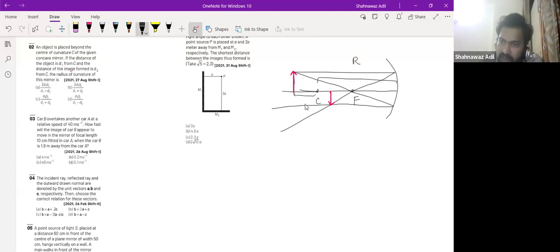This distance is d1, and this distance is d2.